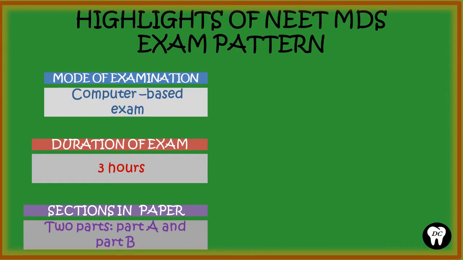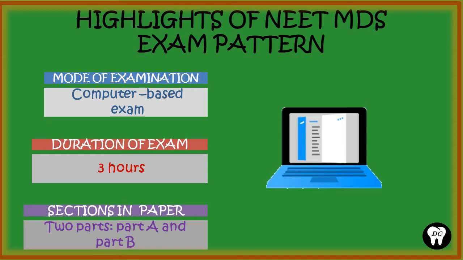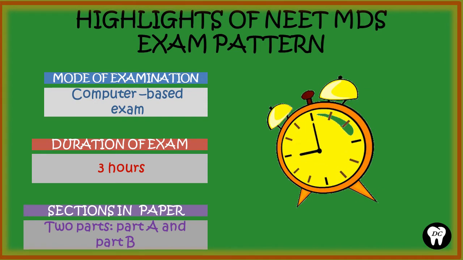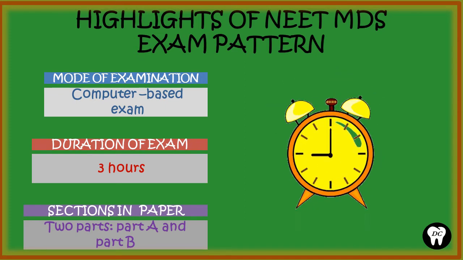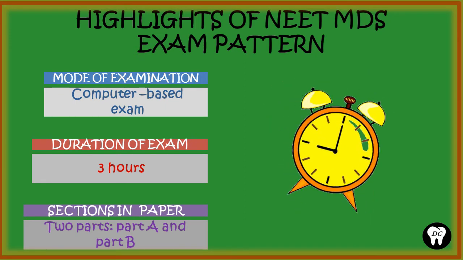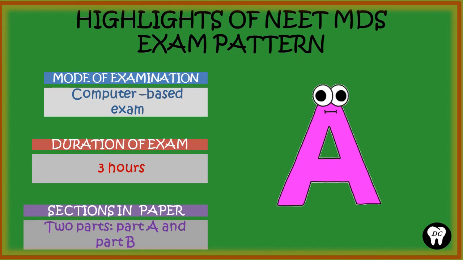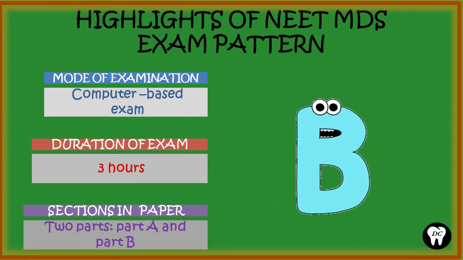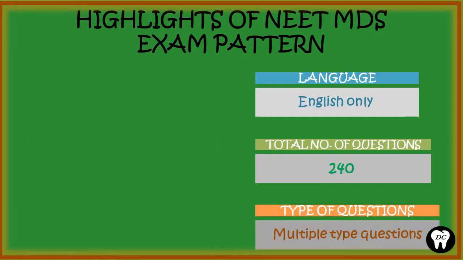Highlights of the NEET MDS exam pattern. The mode of examination is a computer-based test, or CBT. The duration of the exam is 3 hours, that is 180 minutes. We have to complete our paper within 180 minutes. The paper has two parts, part A and part B. The language of the paper is English.